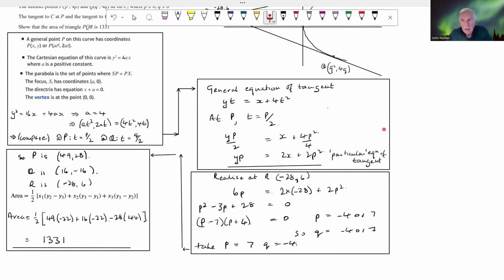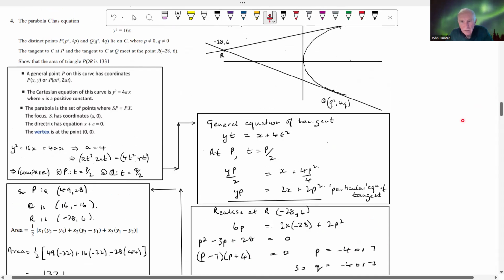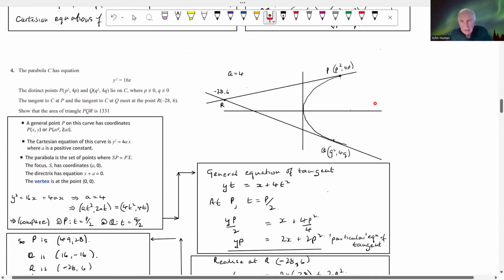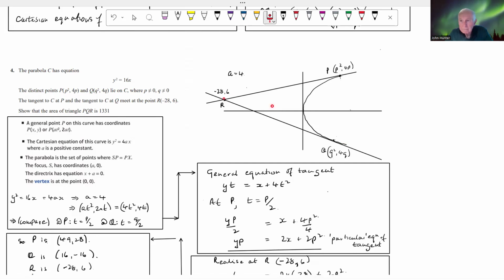Just to look at this another way, incidentally, given this particular curve and this point here, there are only two tangents that we can draw from this point. This is one, and this is the other one. The top one will meet the curve at this point, and the other one will meet the curve at that point. So that's looking at the problem the other way round.